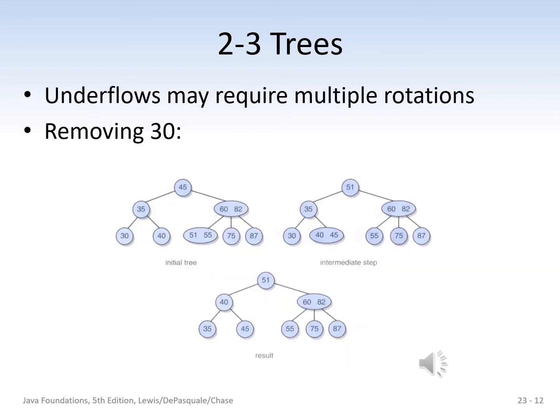An underflow may also require multiple rotations to maintain the integrity of the tree. So in this example, and we have 3 steps, we're going to remove 30. 30 is a 2-node whose parent is a 2-node, which would leave a 2-node 35 with 1 child, and that cannot be the case.